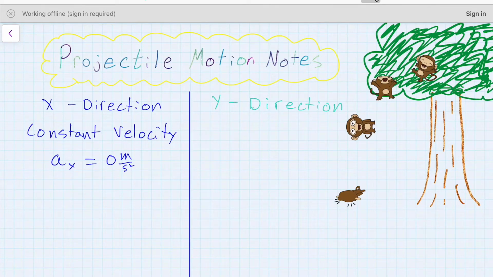And if that's the case, all of those equations that we just learned for free fall, we don't have to use them because those are for accelerated motion. If we're just talking about constant velocity, the only equation we have to worry about is the velocity equation. Velocity is equal to the change in position, or the displacement, divided by the change in time. And that's it in the X direction.